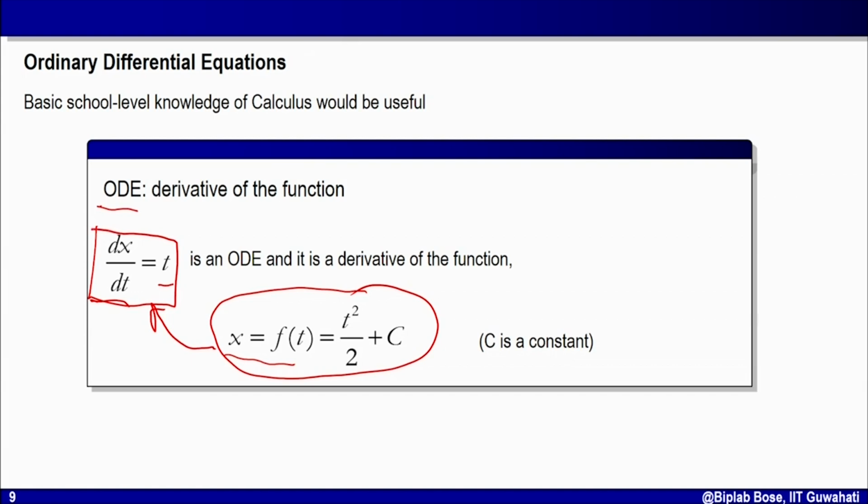And it is an ordinary differential equation because here x is changing only with respect to time. x is the dependent variable because that is changing with time and it depends upon time, whereas time is the independent variable.